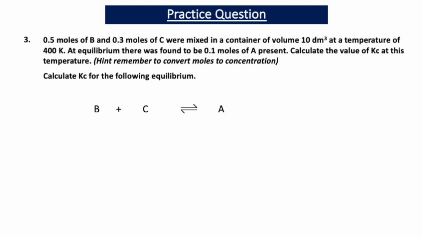So you are able, once you work out the moles of this at equilibrium, to work out the concentration values. Because remember, moles divided by dm cubed gives you concentration, because concentration is moles per decimeter cubed. So read the question, pause the video, have a go at it, and then we'll go for the answer.